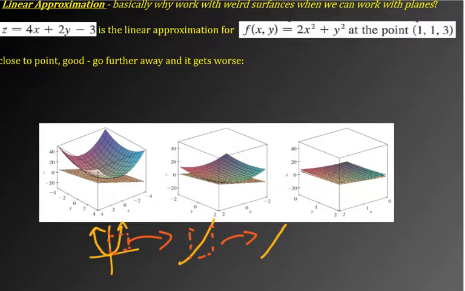Sometimes you might need to be really, really close if you're building something where people are going to be walking on it, like a bridge or something. You got to be super safe. So it's totally dependent on the problem, but everyone would rather work with this over this if they could. And that's the idea of linear approximation. Basically take a gross thing and find this tangent plane and just work with the tangent plane near the point.